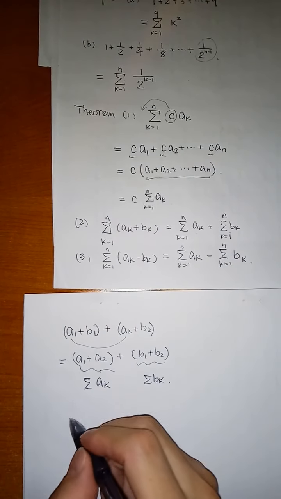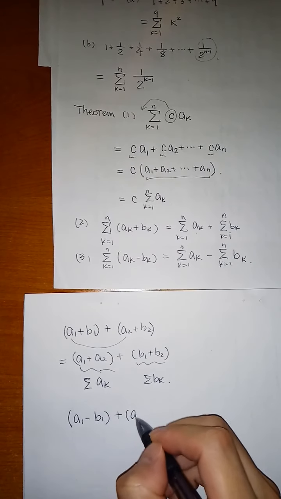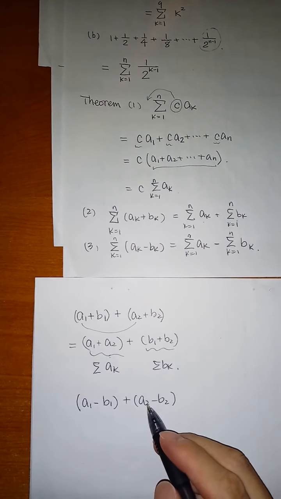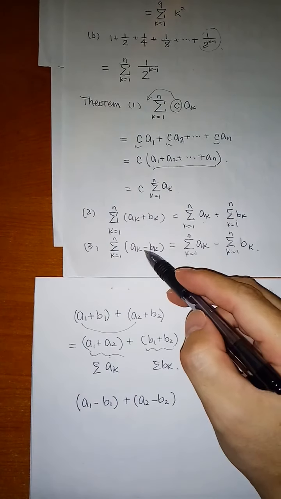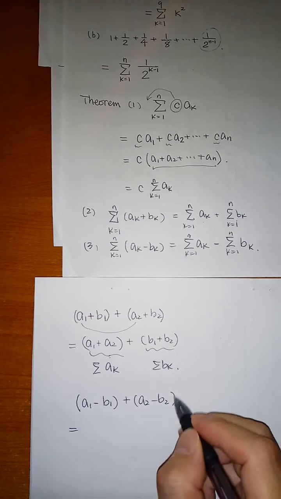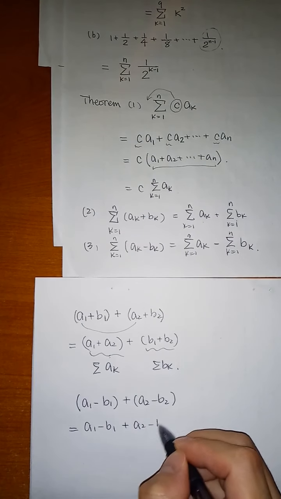And for the subtraction it is similar. So get A1 minus B1 plus A2 minus B2. Okay, it's a subtraction. This is the left-hand side. This is this one. And here is still addition, so we don't write the parentheses.